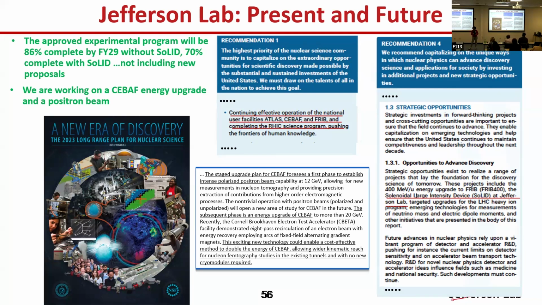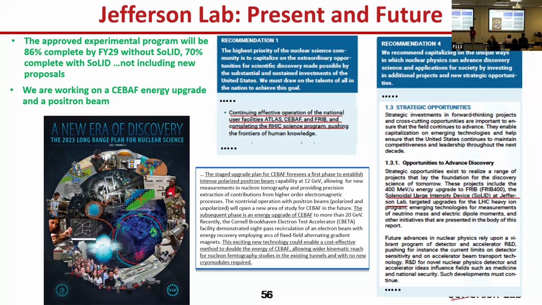And I'm happy to say that for JLab we had 4 recommendations, and CEBAF appears in the first recommendation. The first recommendation was to continue to do experiments at CEBAF, and this is very important. For the upgrade, there was not a recommendation because in order to get a recommendation, you have to be already solid in the development of your program and the infrastructure and so on.